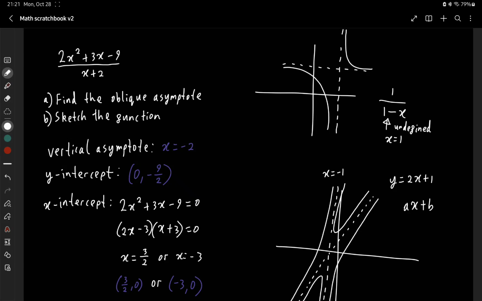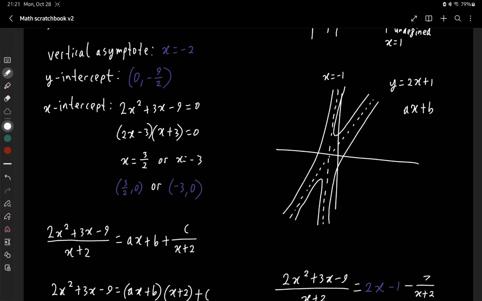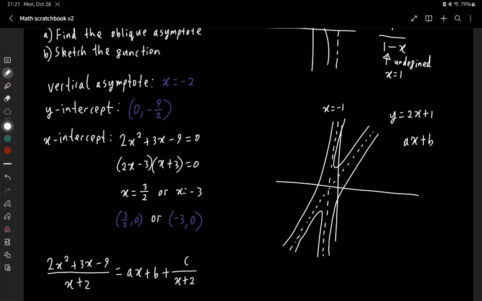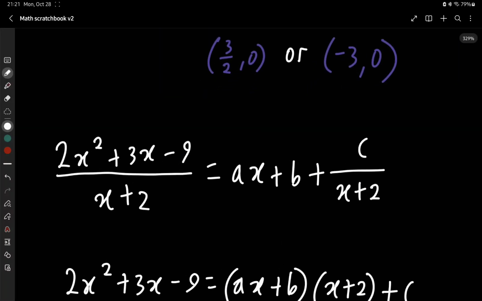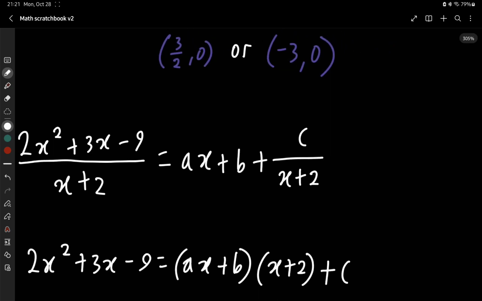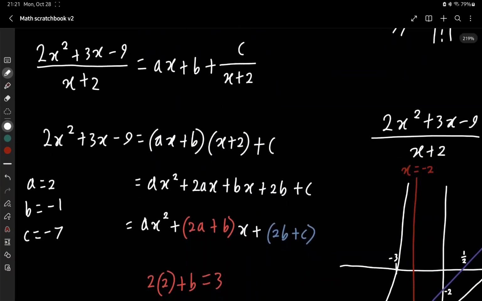That's based on the discriminant. So in those cases, you want to make sure you know that you're drawing the graph in the correct way. And then if you want to get the oblique asymptote, you want to set it to ax plus b plus c over whatever the denominator is. So it's x plus 2.